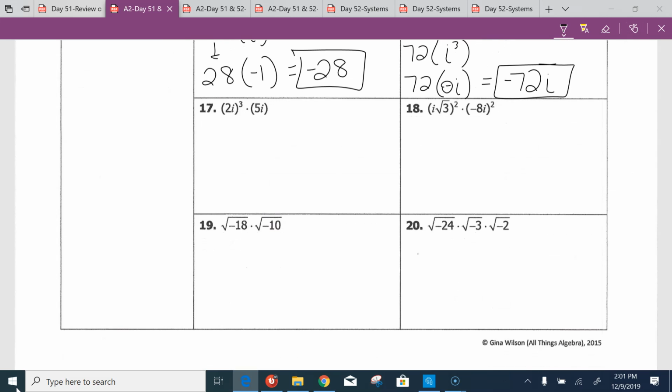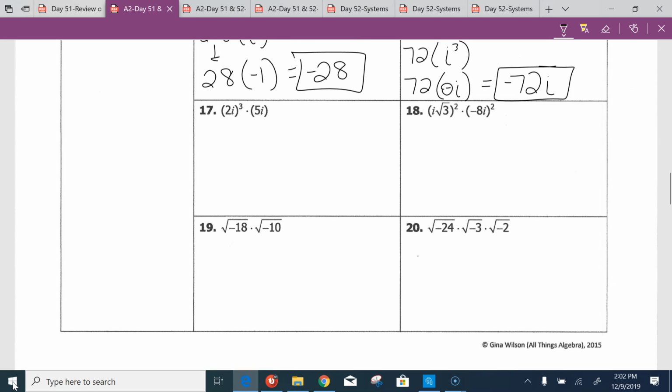Number 17, I have 2i cubed times 5i. I have to do 2i to the third power first. Using my rules of exponents, that's 2 to the third power and i to the third power, times 5i. 2 to the third power is 8, since 2 times 2 times 2 is 8.